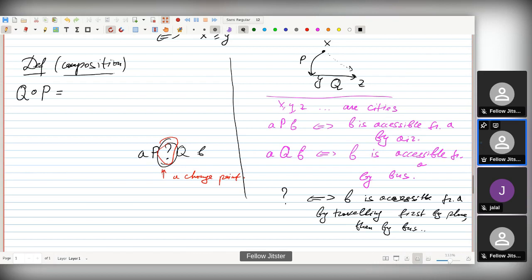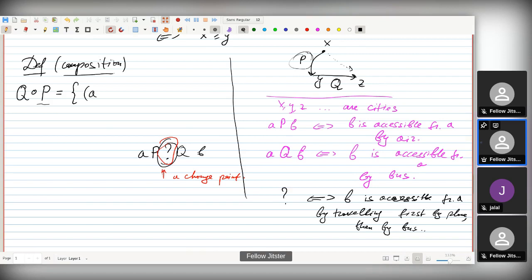Here P is written last. It is written last, but in this path it occurs first. So first we are going via P, then by Q, but in this composition symbol we are going to write P last. What is it?